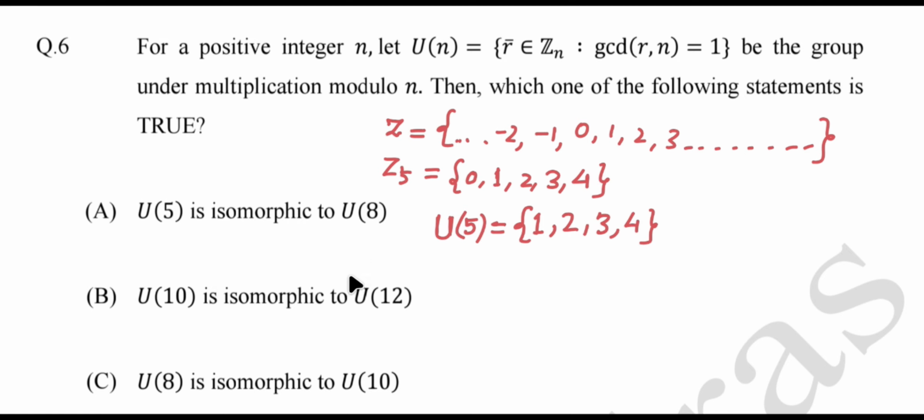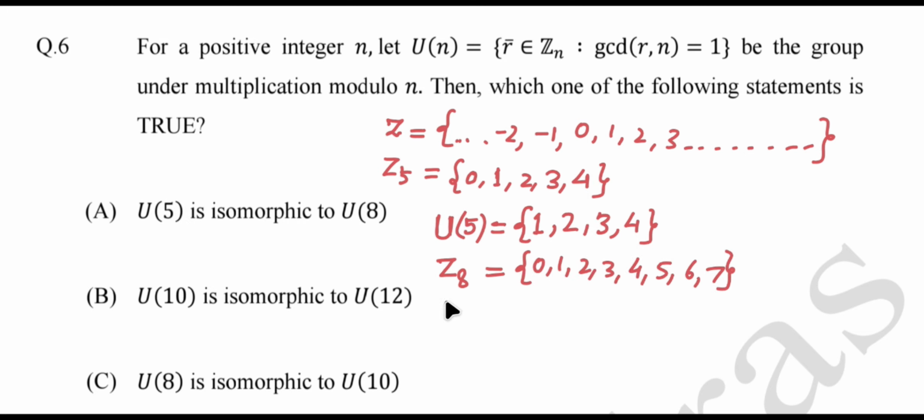In the same way, when you go to form this U8 group, first you have to write the Z8 group. Okay, what are the elements of the Z8 group? Those elements, when you divide these numbers by 8 and you get the remainder, the remainders form the Z8 group.